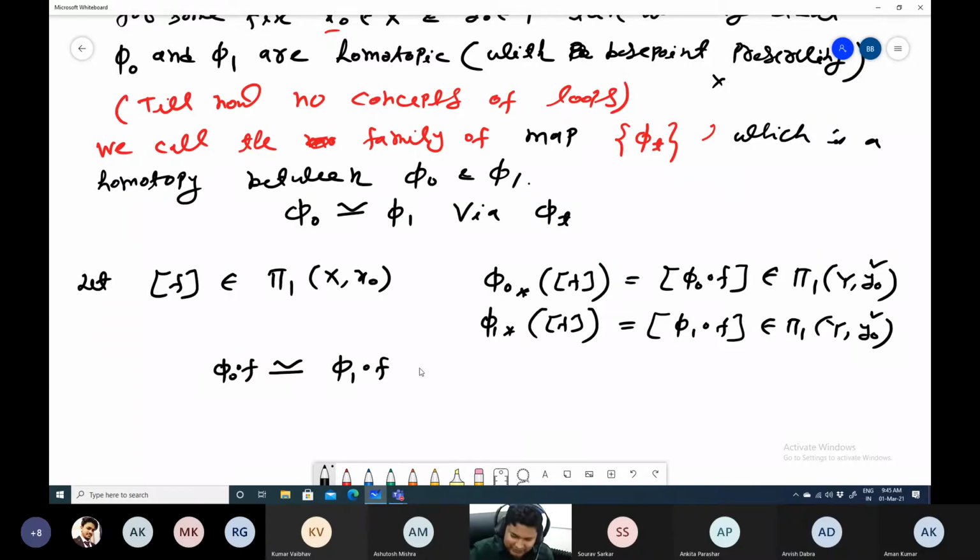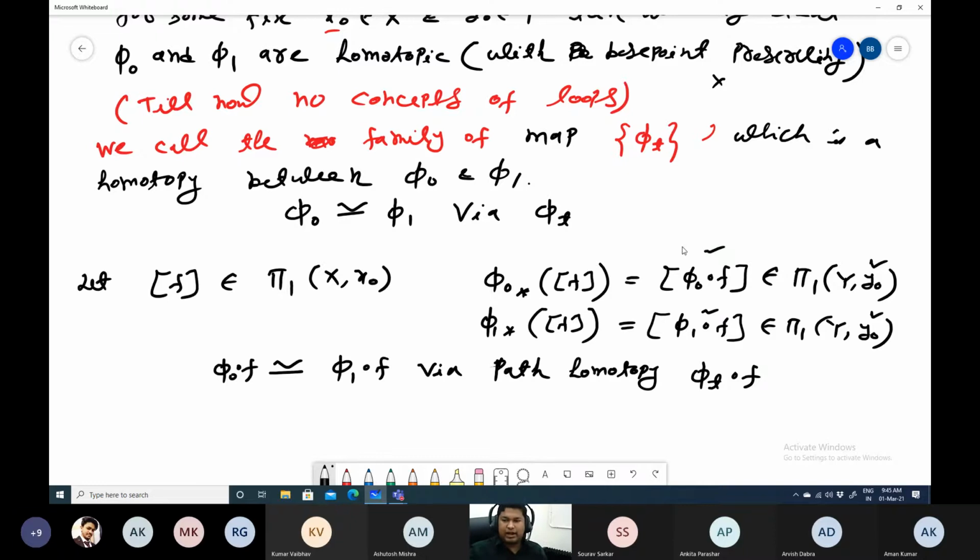Correct. Just phi t composed with f. This is just a path homotopy between them. So we have a path homotopy between this and this.